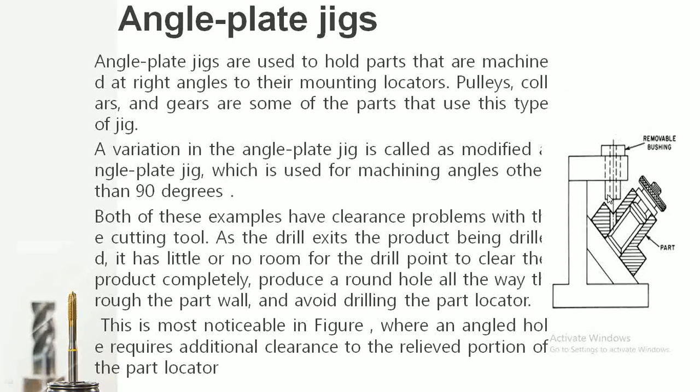So a removable bushing is placed on the plate at the top, at the desired location, and then the drilling tool is guided and supported through that bushing. So where there are angled holes and more clearance is required, at that time angle plate jigs are to be preferred.